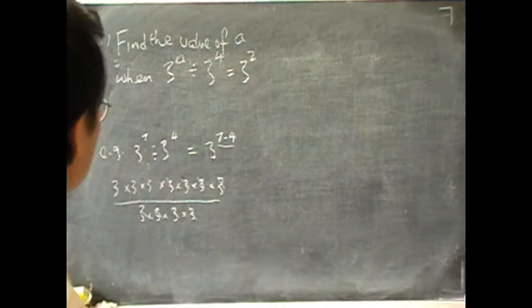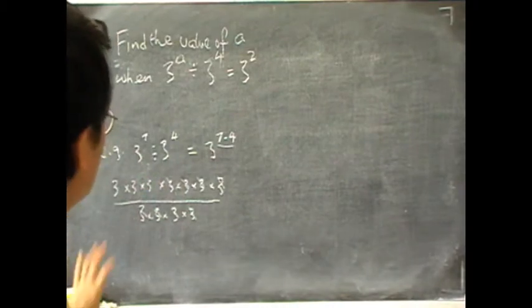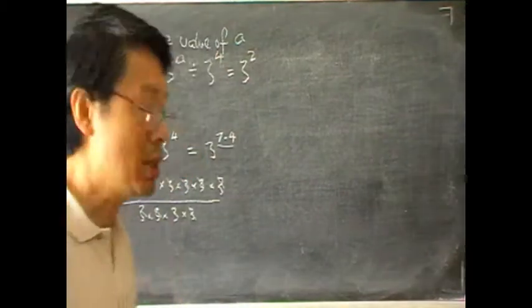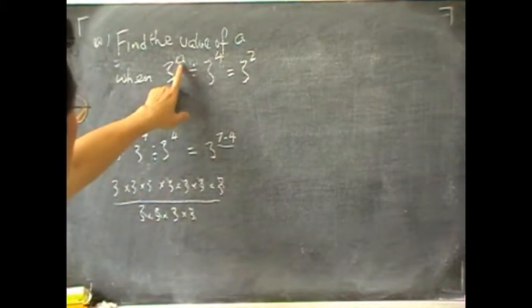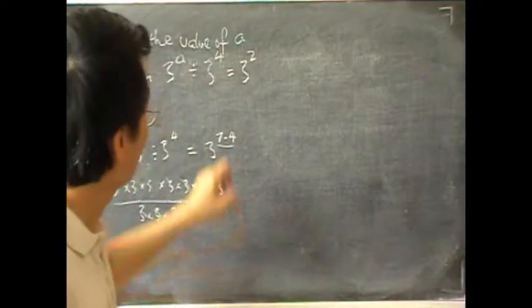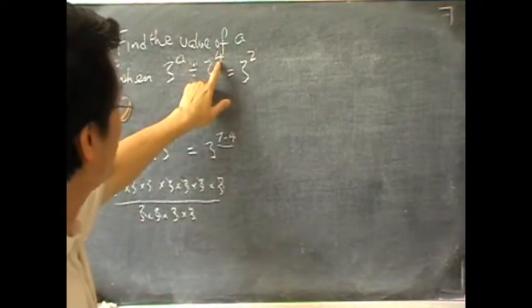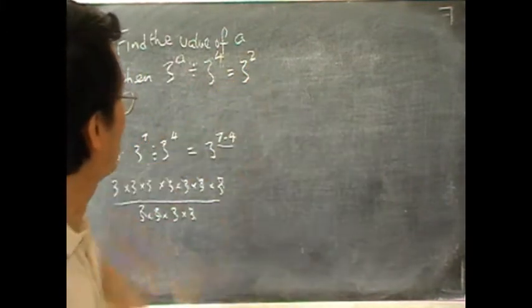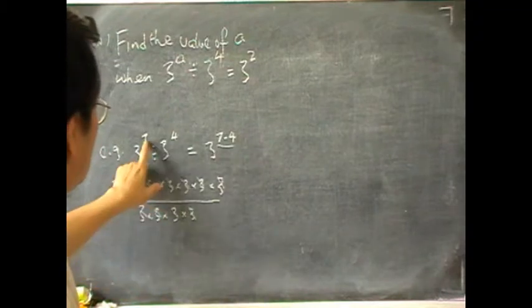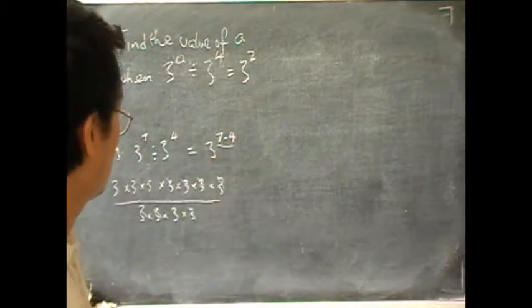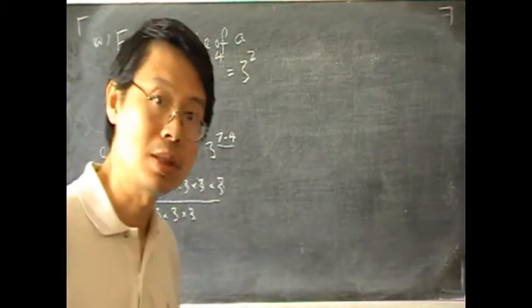So with this example, we can now see how to do this question, because all we need is to notice that the power of a minus the power of 4 should be equal to the power of 2. Just the same as I took 7 minus 4 here to get the power in the answer.